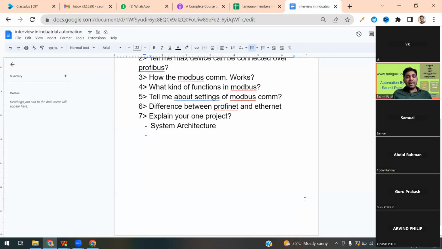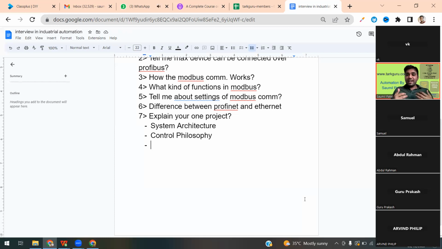Guru Prakash says the FDS is the important one to explain in the project. I think we should call it the control philosophy. So after explaining the system architecture, you need to jump to the control philosophy. Still, please note that here you need not explain any logical part, right?